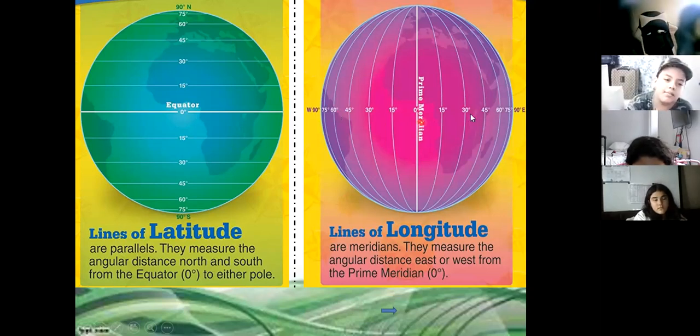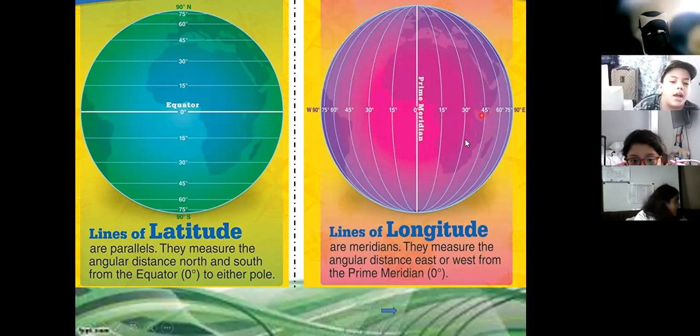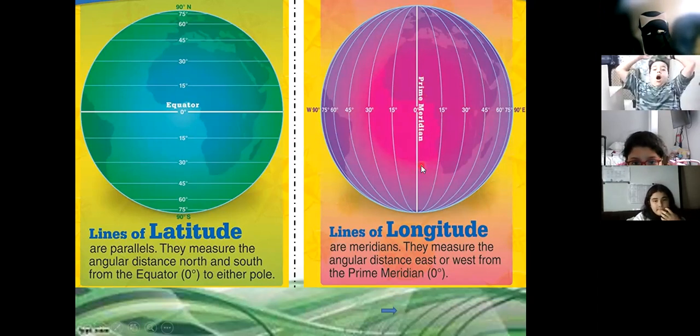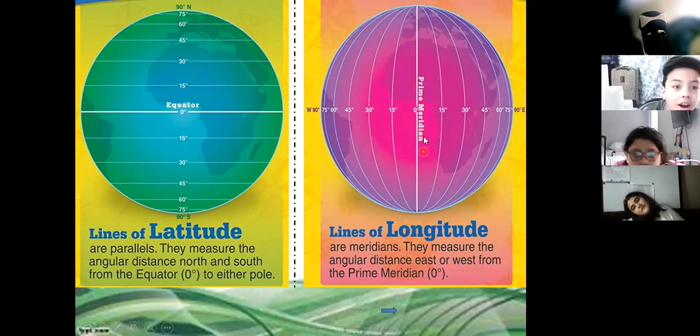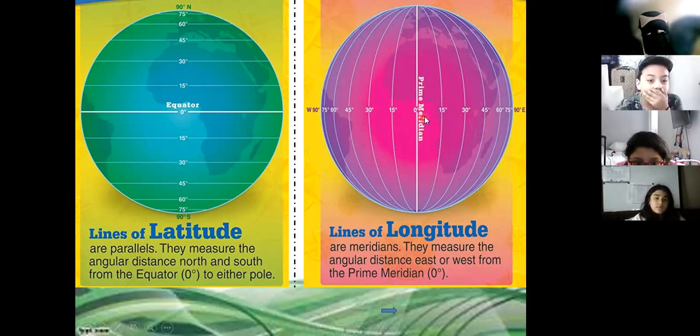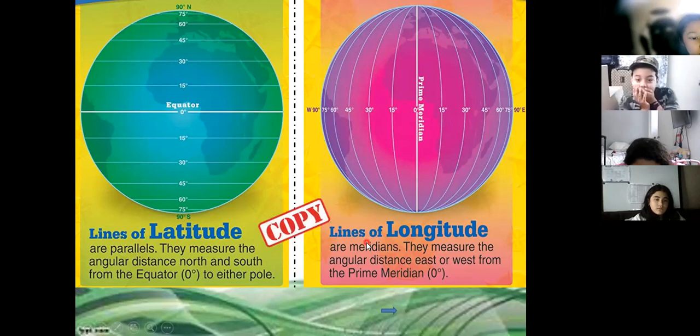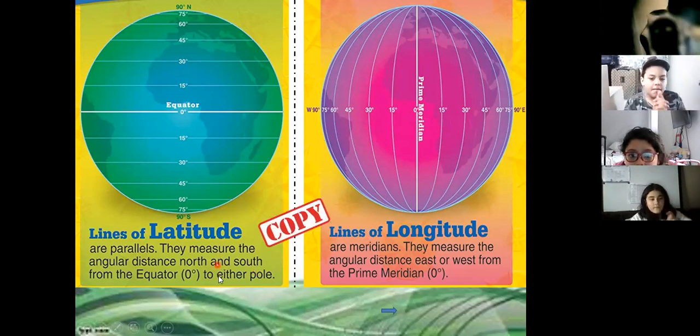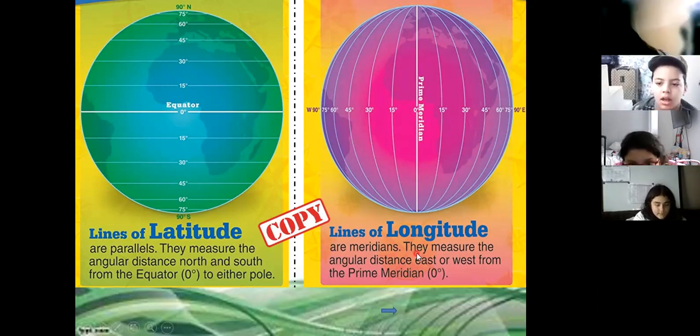And the line that is in the middle is called the prime meridian, where it's 0 degrees. In latitude, it's the equator. In longitude, it's the prime meridian. So you're going to copy this information in your notebook, the lines of latitude and lines of longitude. Copy this information, please.